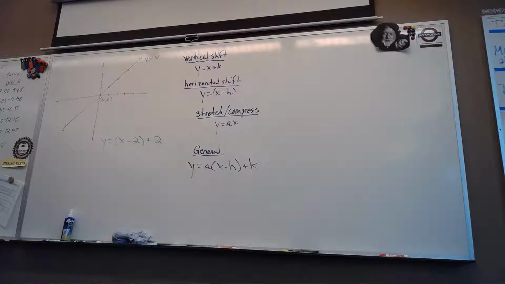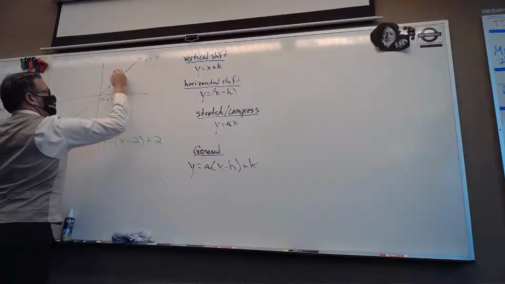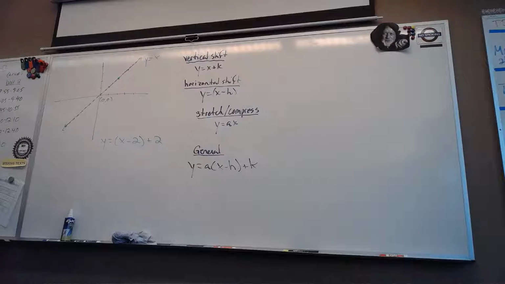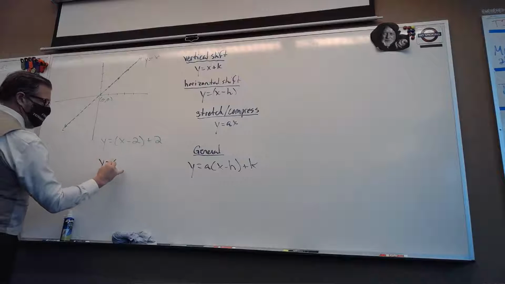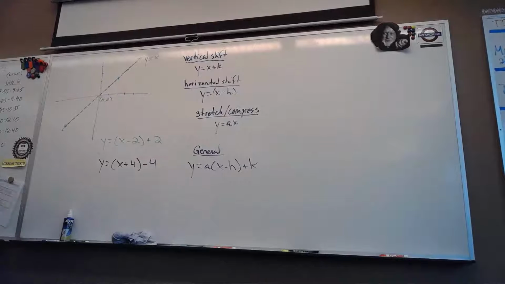Where's the locator point? I want a graph y equals x plus 4 minus 4.